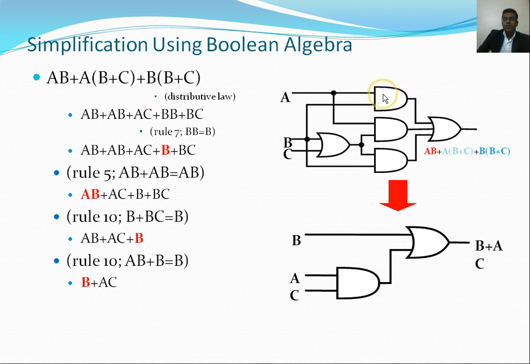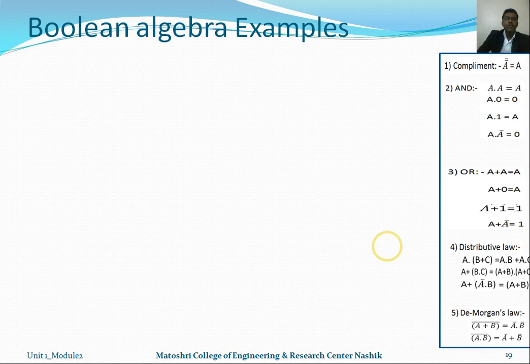As seen here, five logic gates are utilized for the given logic expression, and after simplification using the Boolean algebra rules, we get a simplified logic expression. If implemented, it is clearly shown that only two logic gates are needed, meaning there is a reduction in the logic gates and also a reduction in complexity using Boolean algebra expressions.